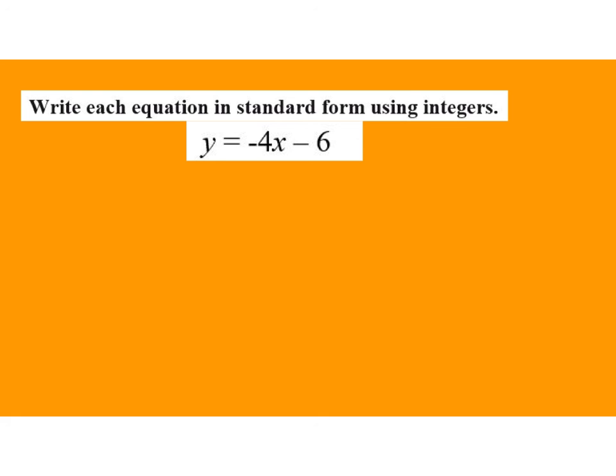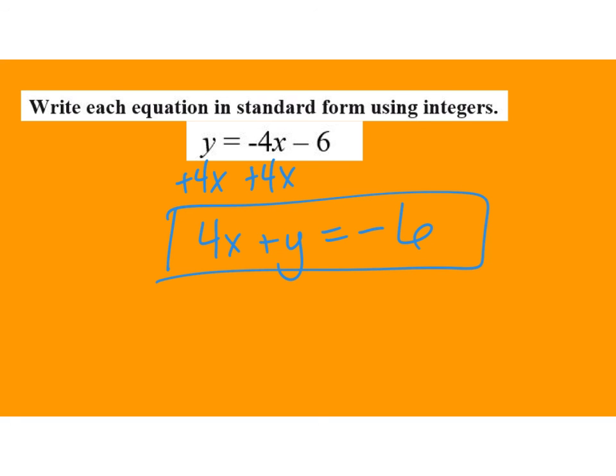This one should have been super quick because you just have to move the x over by adding 4x on both sides. So this becomes 4x plus y equals negative 6. Be careful. If you just put 6, then that's not going to give you the same results.